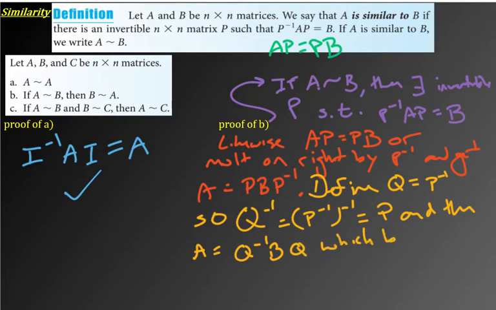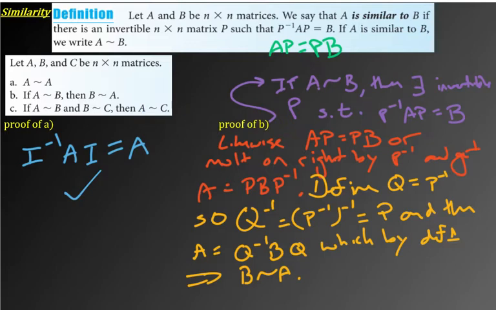Which by definition implies that B is similar to A. So when we have this structure, by definition the thing inside is similar to the thing on the outside. A is similar to B, and so now the thing inside, B, is similar to A. So these are the first two parts that I wanted to prove.